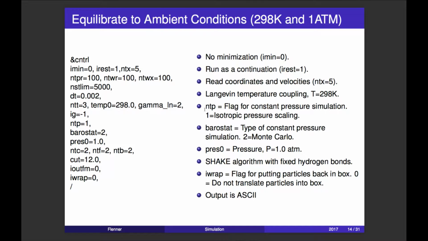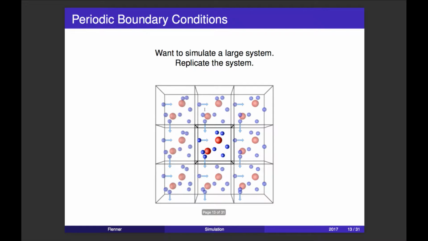So we're going to run a constant pressure simulation. And the one means we're doing isotropic pressure scaling. All this means is that when you run a constant pressure simulation, it changes your simulation box. So you remember the periodic boundary conditions. You had your center simulation box. So this is the main box. And so the constant pressure simulation, what it'll do is it'll change the size, and it can change the shape of the box.